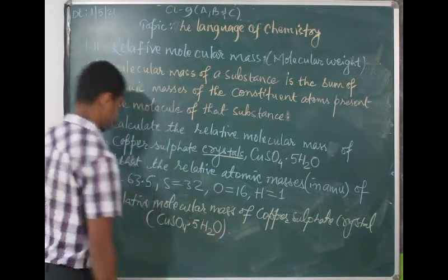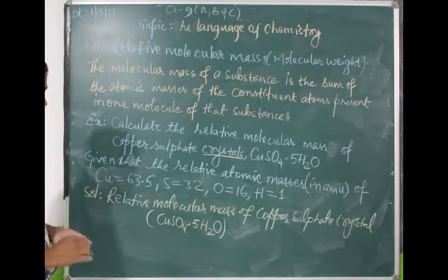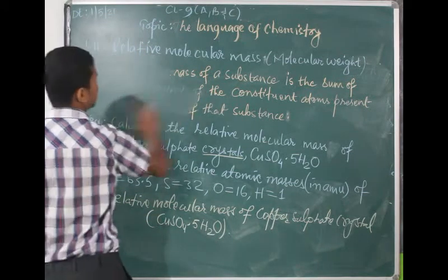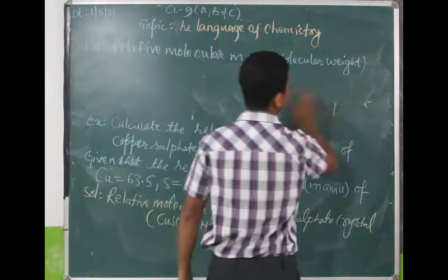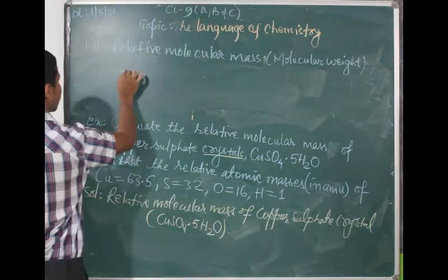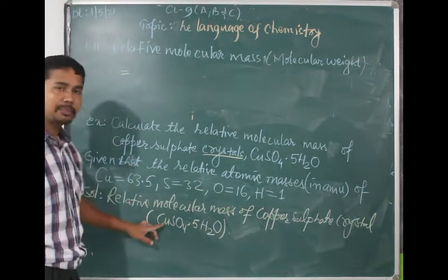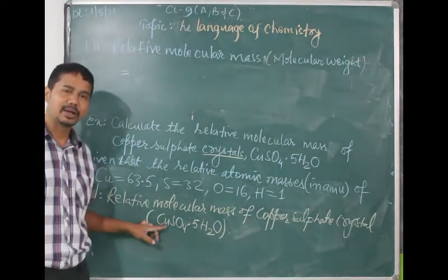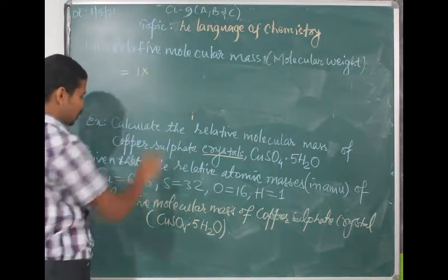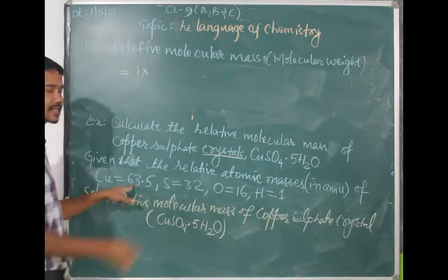CuSO4.5H2O. You have to find this. So, how will you do this? Is equal to, how many copper atoms are there? 1. So, 1 into, what is the mass of copper? 63.5.